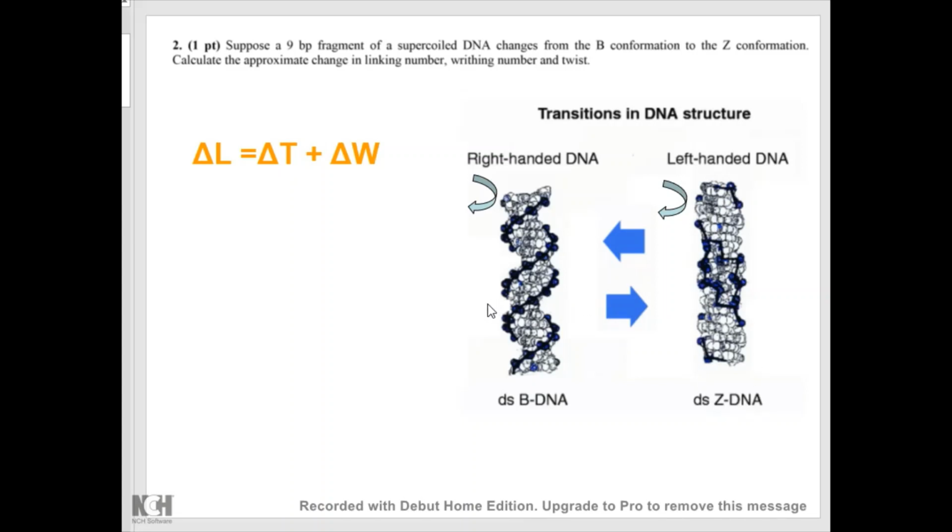So roughly we can split this process into 2 portions: unwinding of BDNA to a non-helical structure, and then continuing winding it counterclockwise to get a left-handed DNA.